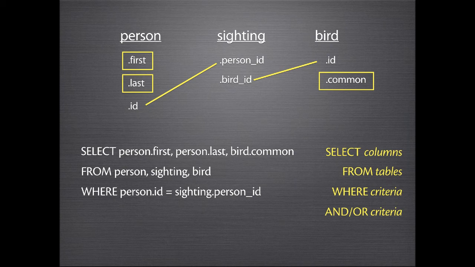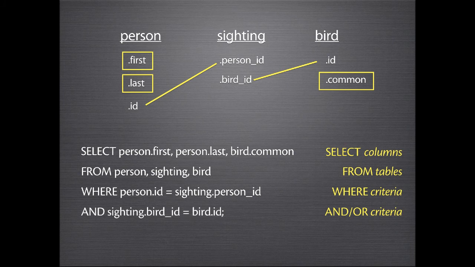So if I go left to right, the first one I do is from the primary key in person, so person.id, and that maps into the sighting table, the foreign key called person_ID. So the values in those 2 columns need to be equal, but I have one more bridge to cross.